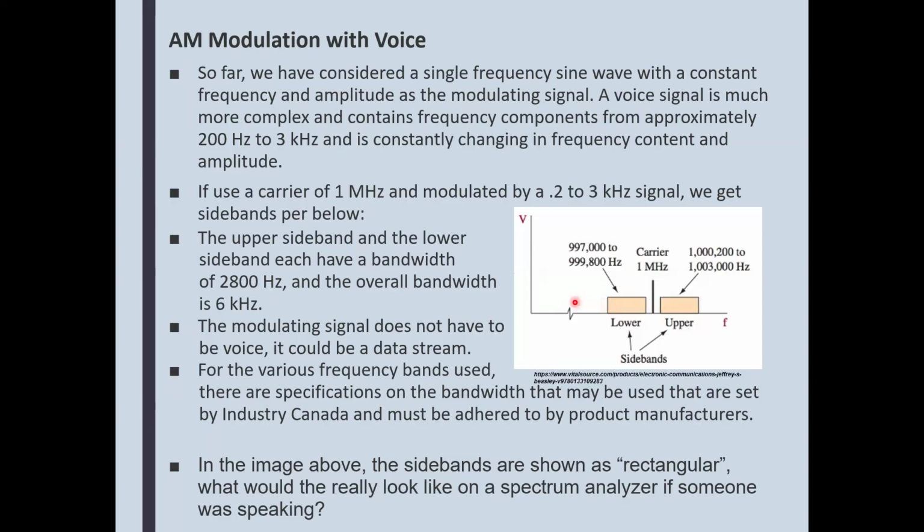And the wider we make this, the better quality music we can transmit. The narrower we make that, the lower the quality of the sound. Now, if it's just a voice, so you can communicate by voice, you can have many more channels. So it's a give and take. You pay for the space with the quality of the signal.